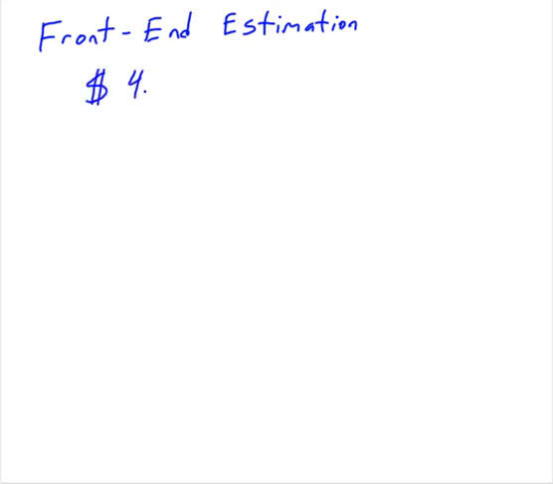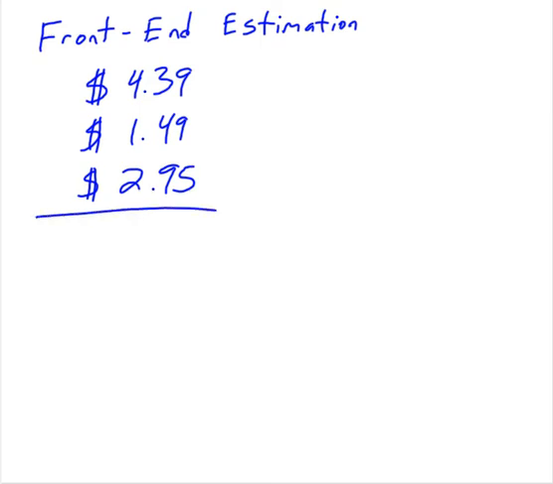We bought a deck of cards for $4.39, and then we got a pack of gum for $1.49, and then we also bought, what did we buy for $2.95? I think it was an ice cream bar. So we have all these things, $4.39, $1.49, and $2.95.